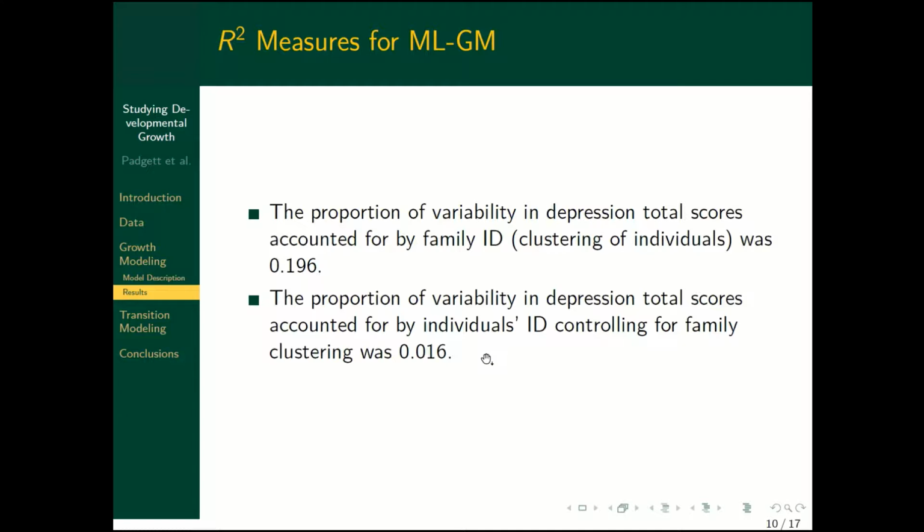That's very low compared to family. And so this modeling it as a continuous process gives a lot of evidence that family membership is pretty influential in how depression scores change over time.